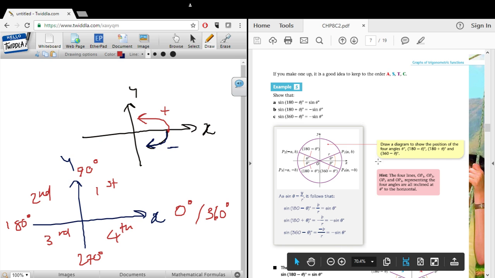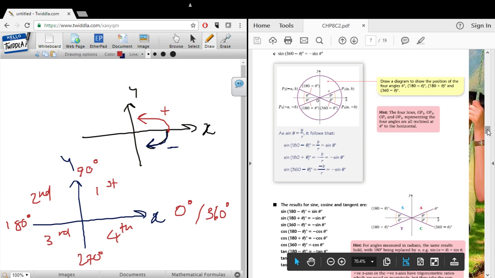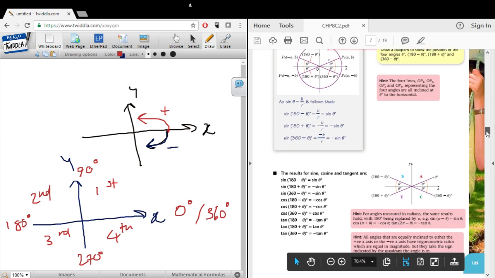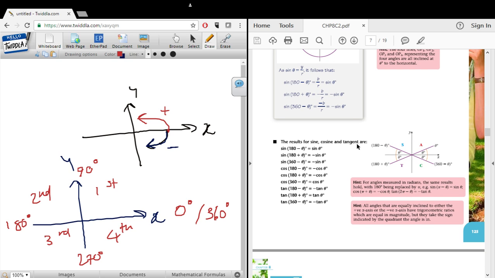You can work through this particular example and you'll get an appreciation of what the question is asking. And then they have this result. The results for sine, cosine and tangent are as follows. Through this illustration and this very handy table, you'll be able to appreciate the signs of the trigonometric functions when the angles are computed using a variety of different degrees.